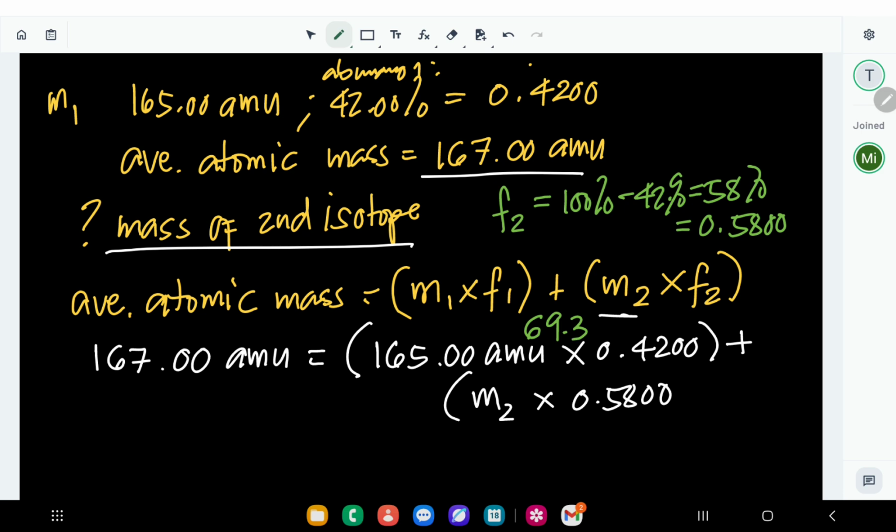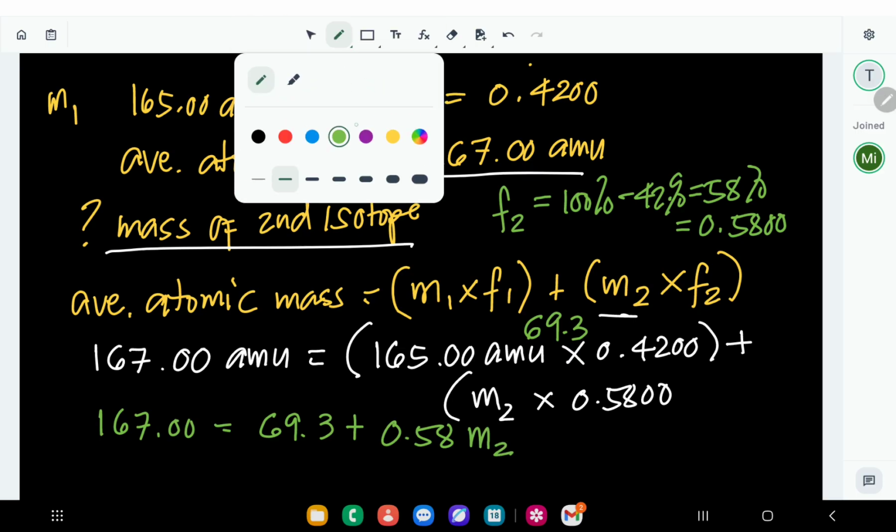Try to calculate using your calculator. Okay, 69.3. I also got that. So we have 167 equals 69.3 plus 0.58 m sub 2.